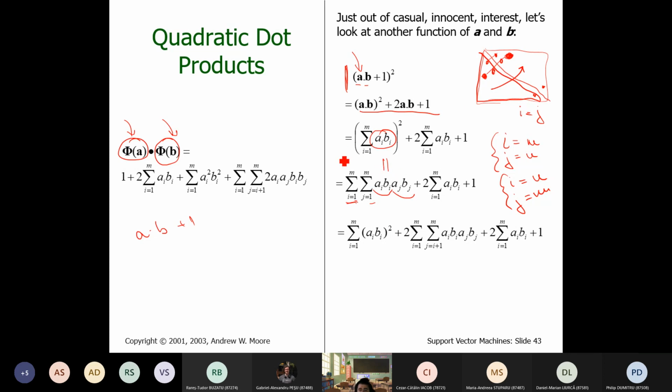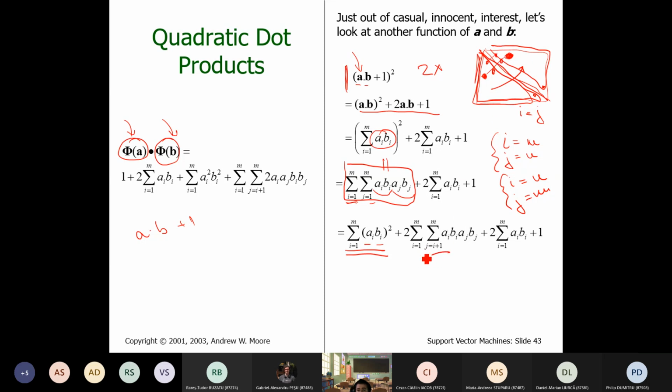So we can separate this summation in two terms. The terms from the first diagonal, that will be AI BI squared. And since this data is the same with this data, it means that we have 2 times this situation where it is triangular.